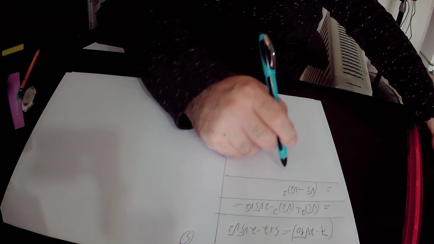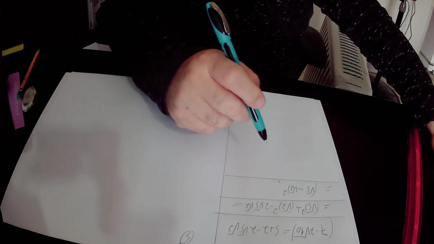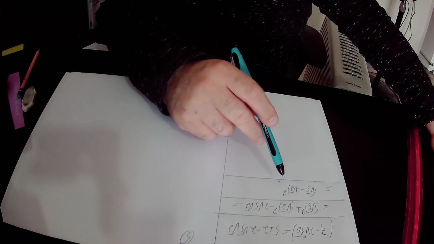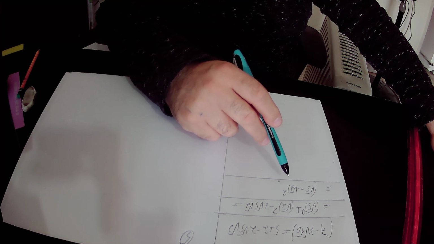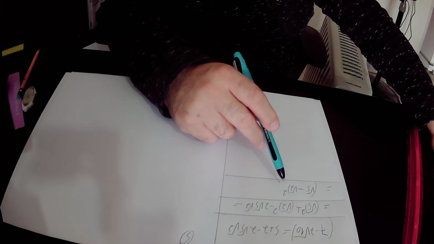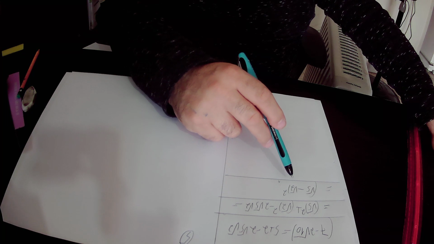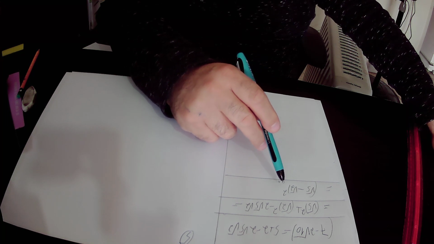So actually, we found out that 7 minus 2 times square root of 10 equals (square root of 5 minus square root of 2) squared. So we substitute 7 minus 2 times square root of 10 by (square root of 5 minus square root of 2) squared.